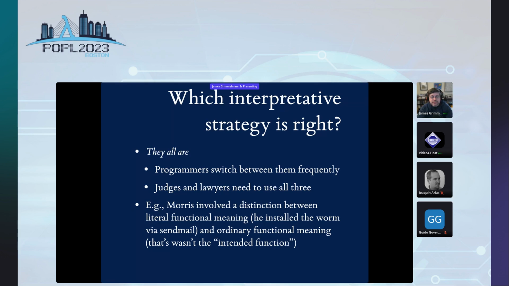And the other was whether he intended to do damage and whether the statute requires that.